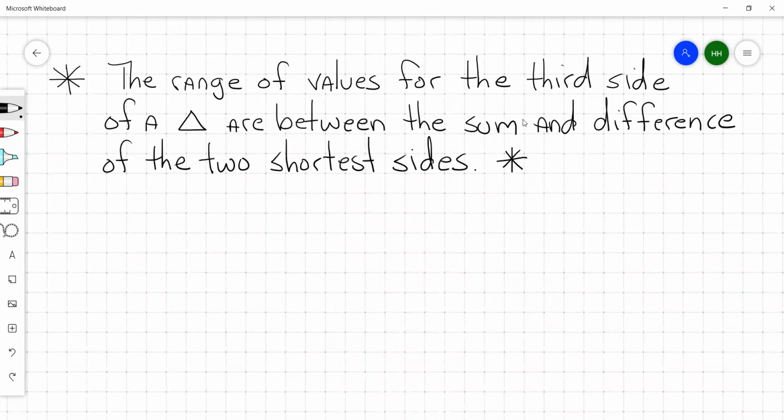In the first part of your assignment, you're going to be asked, is it possible to form a triangle with the given side lengths?